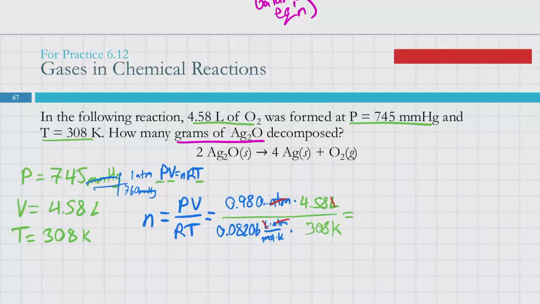Liters cancel, atmospheres cancel, Kelvin cancels, moles flips to the top.